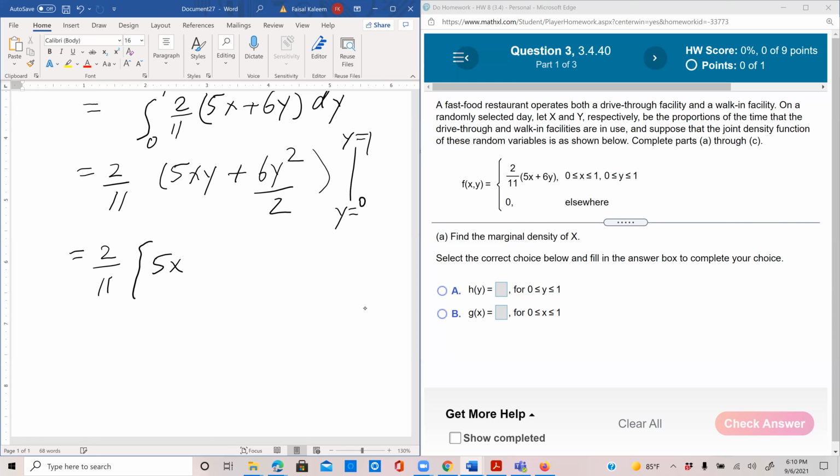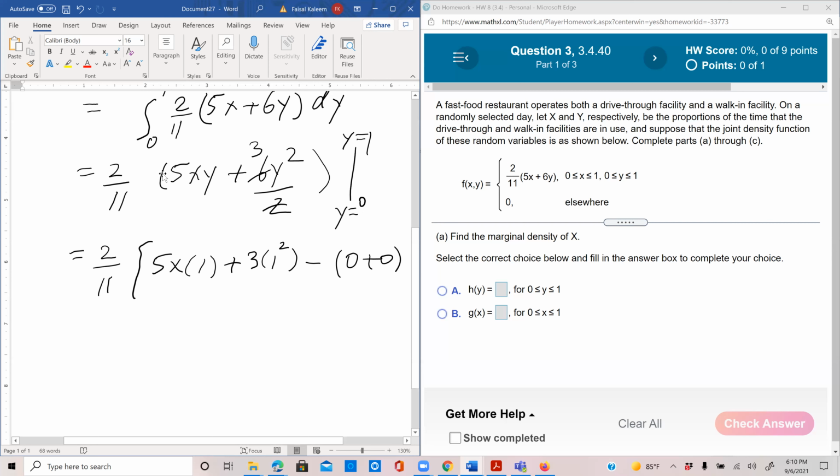5x, right? Y is equal to 1, so we can even do 5x times 1, plus this is a 3, so 3 times 1 squared. And the lower limit is 0, so both of them would be 0 when you put in the lower limits, 0 plus 0.